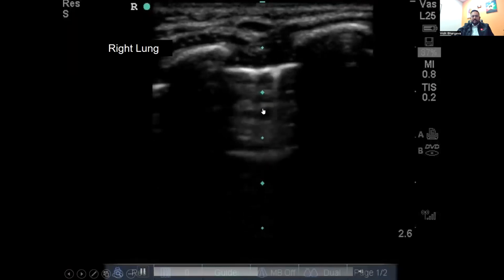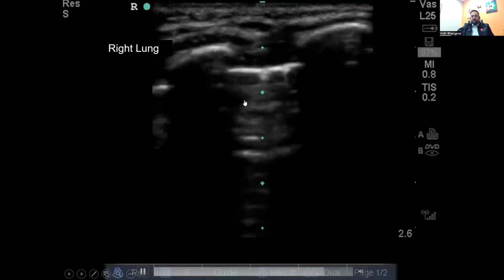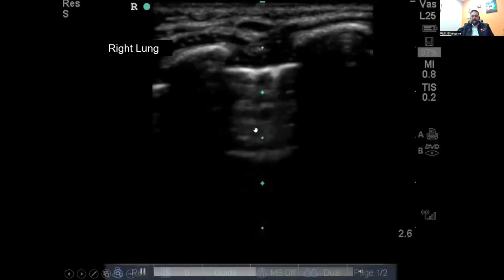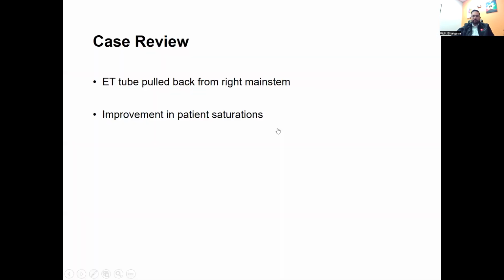And then on the right side, your sliding seems to be perfectly normal, and you have A lines and Z lines. And so the ET tube was diagnosed to be in the right main stem. It was pulled back, and with recruitment maneuvers, there was improvement in patient saturation, and the patient got better.